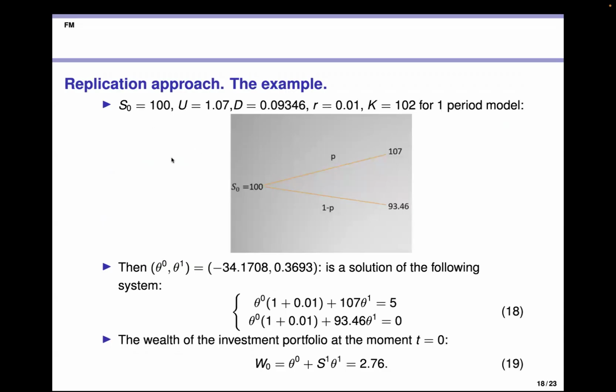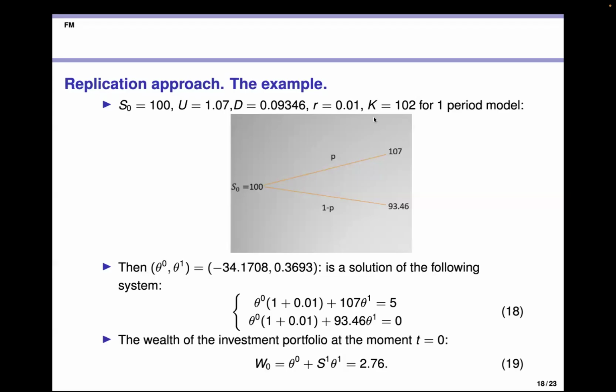Now we have the same example. Initial price 100, and the price at the final moment t equals 1 is 107 or 93.46. You can multiply 100 by u and by d, or it's given already.